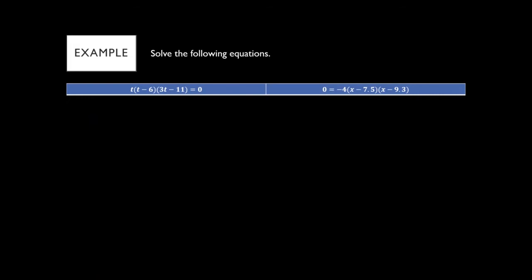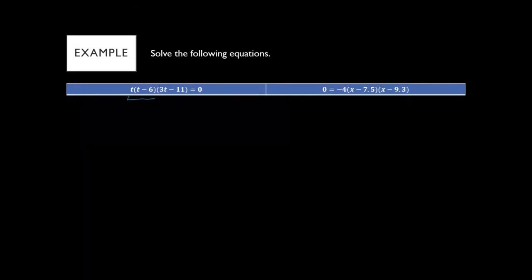Moving on, these are factored, but these are a little different. I wanted to cover these because this is sort of an extension. It's the same zero factor property or zero product property, but we can add a little twist to it. So let's look at what we have on the left. On the left, I have t times (t minus 6) times (3t minus 11).